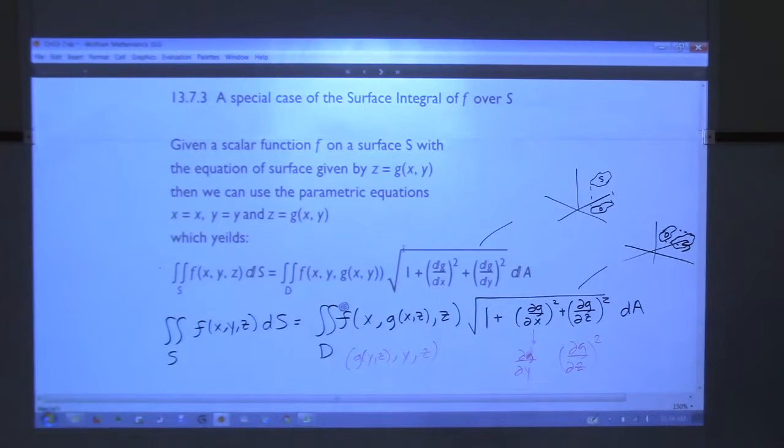Understand that would be the third case? Picture-wise, your domain is on the yz plane, on this wall, that's D. And then it comes out at us, our surface is like that. Understand the difference between those?